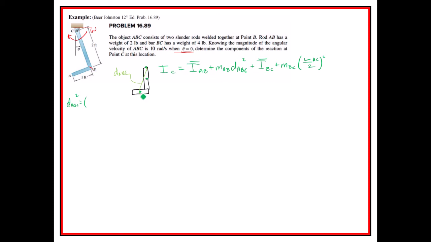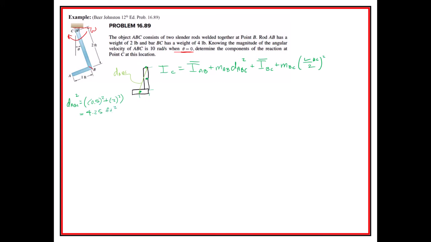That's going to be this distance squared plus this distance squared. So it turns out to be 0.5 squared plus 2 squared, and if we were to get that, we get 4.25 feet squared.